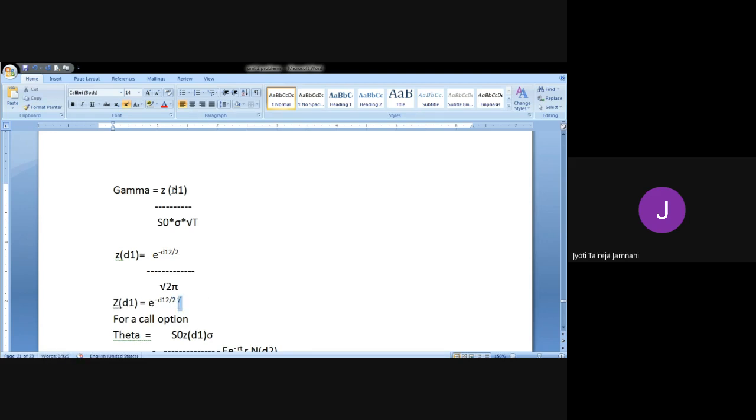Pi is nothing but 22 by 7. So we need to do 22 by 7 and whatever value we get.